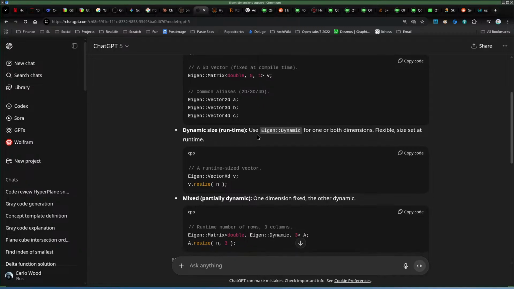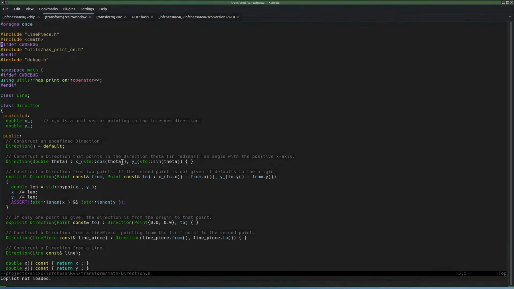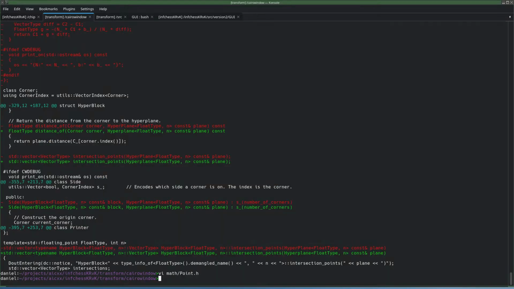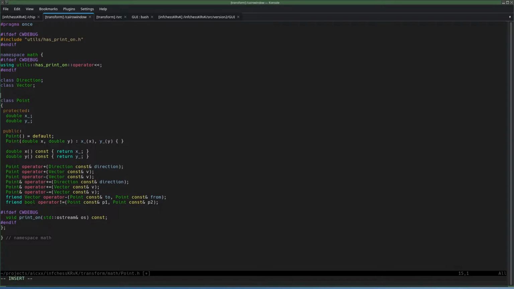Dynamic size, runtime, use... okay, let's just try to replace my point with this. And slowly move the Eigen. Emphasis on slowly. Unfortunately, I mean, it's not deliberate. So that means, and I want to put that in math, right? So I'm going to edit math point, and then we just, what do you mean point?